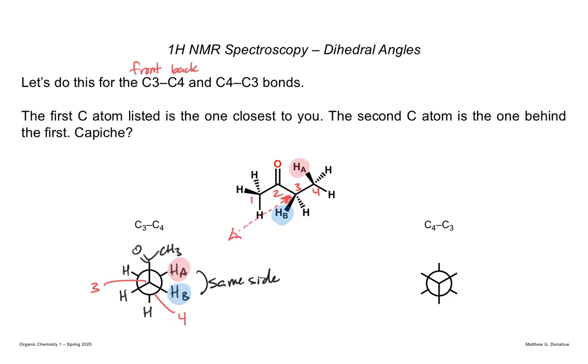So what if we're doing the other way? And so we want carbon 4 in front and then carbon 3 behind. So that means our eyeball is right here, looking down it that way.